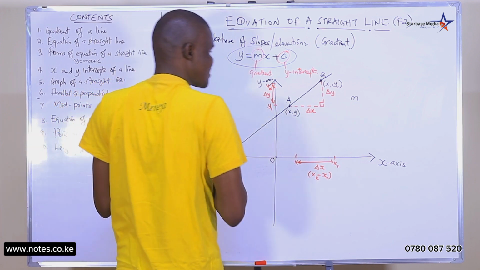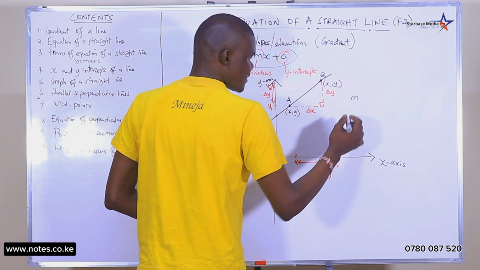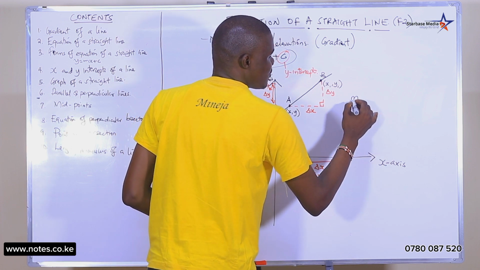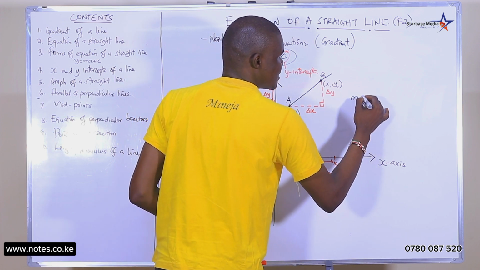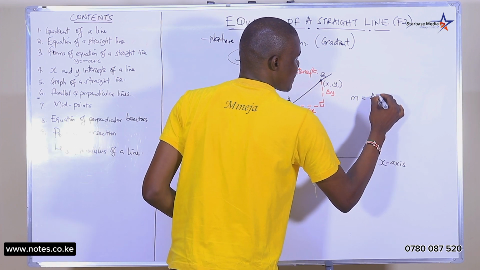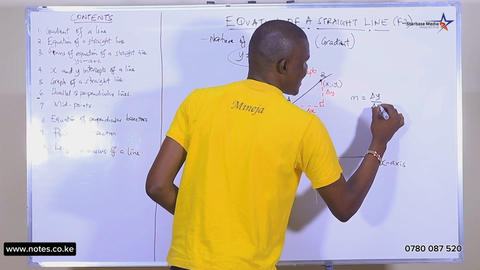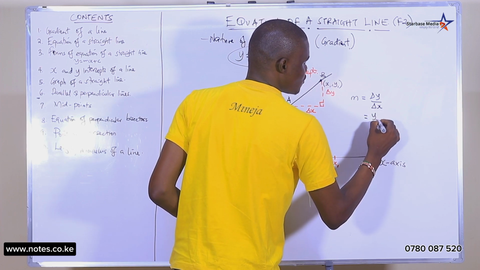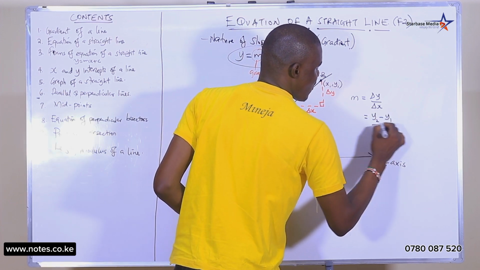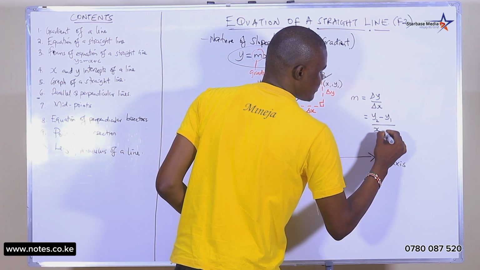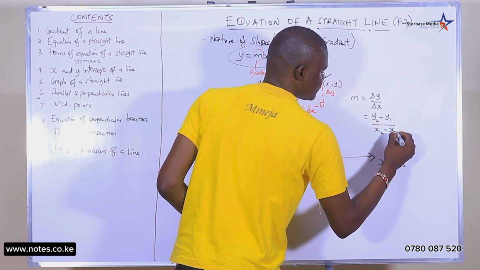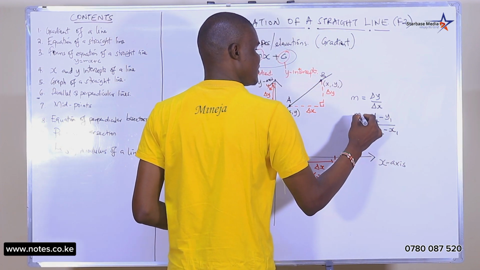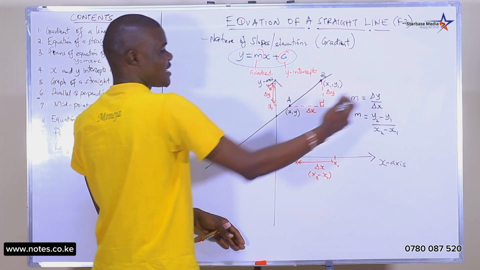So it begs the answer that gradient, therefore, which is signified by letter m, is equal to the change in y over the change in x, which means that gradient is equal to (y2 minus y1) over (x2 minus x1). Basically, destination minus origin.